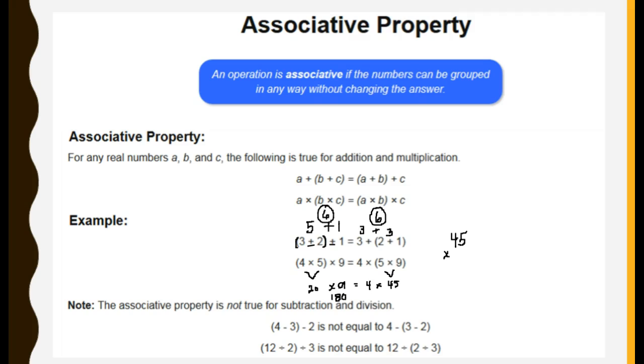So if you did that, you would also get 180. So you can see that no matter where you put the parentheses, as long as all the signs are addition or all the signs are multiplication, you can put those parentheses and group the numbers however you want, and it's not going to change your answer.